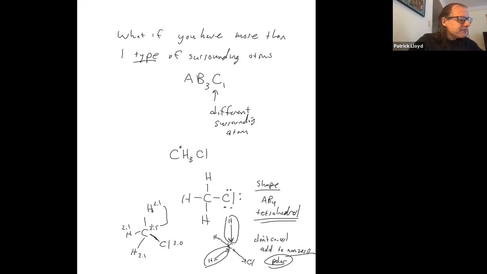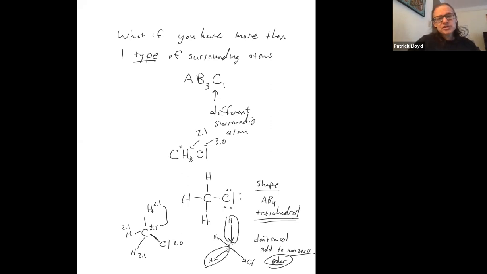So if you have a formula where you've got 2 surrounding atoms, very often one of them is more electronegative than the other. That's just typically the way these things work. And if that's the case, then in general, it's going to be polar, even if the shape suggests otherwise.